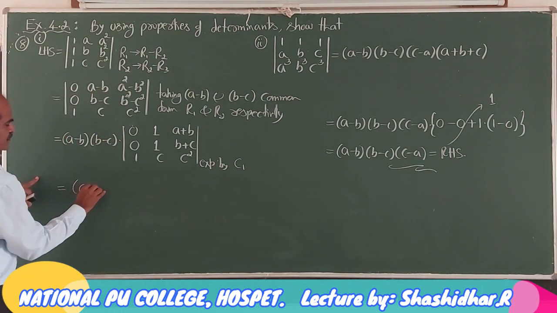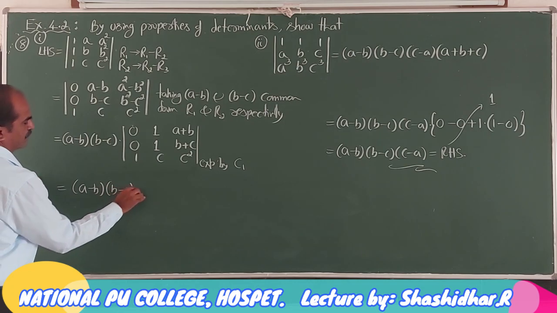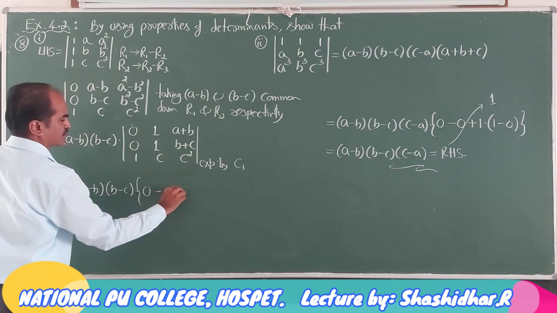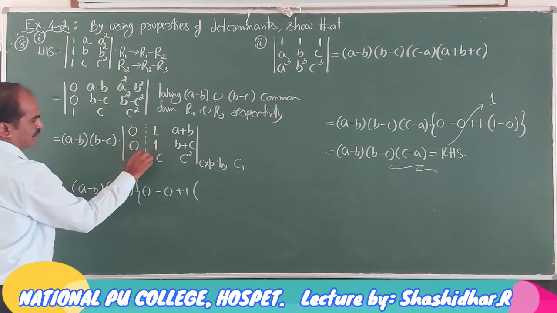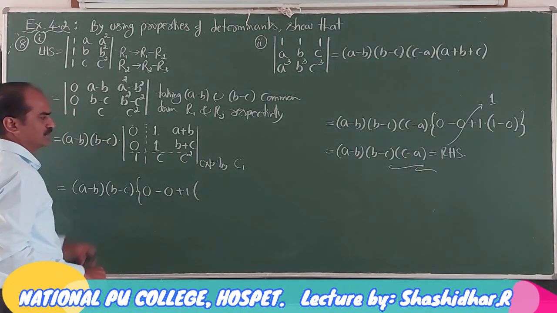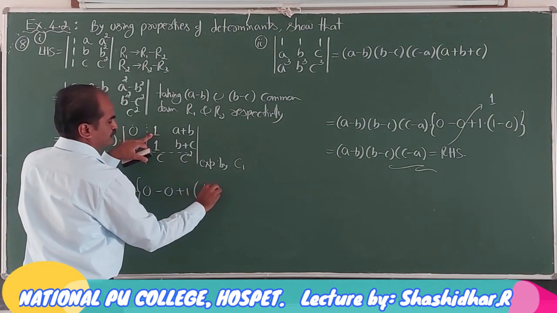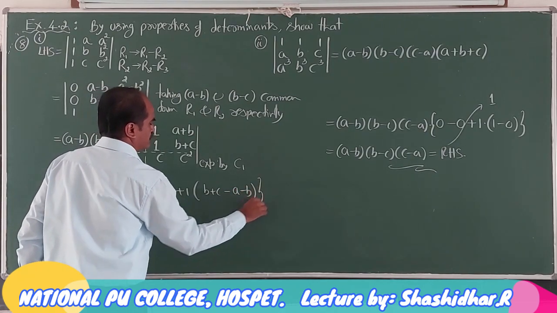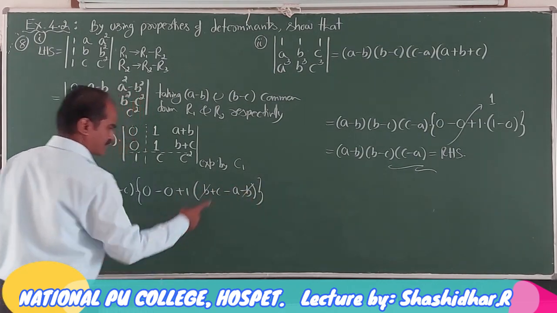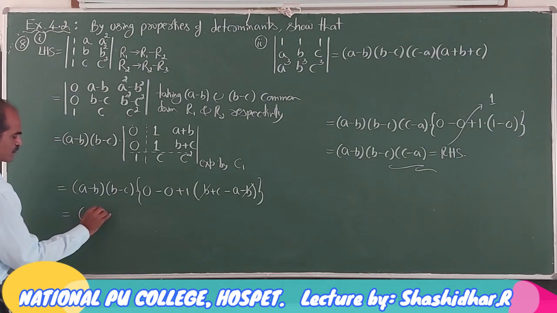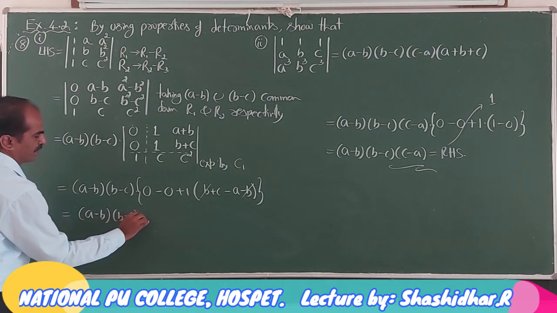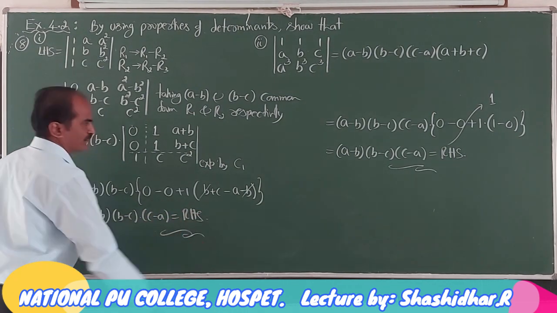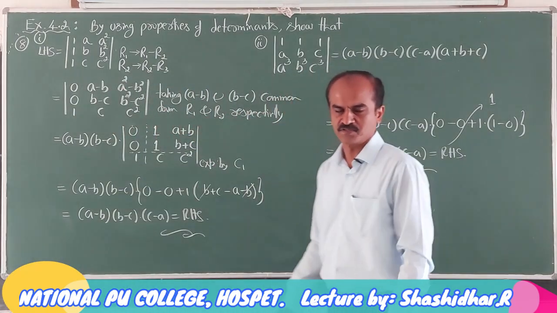In this case I get A minus B, B minus C into 0 multiplied by the 2 by 2 determinant minus 0 plus 1 into, leaving the first column and third row, 1 into B plus C, minus 1 into A plus B, it is minus A minus B. Now plus B minus B cancel, left with C minus A. So it is A minus B into B minus C into C minus A. That is our required RHS. Like this also you can do it.